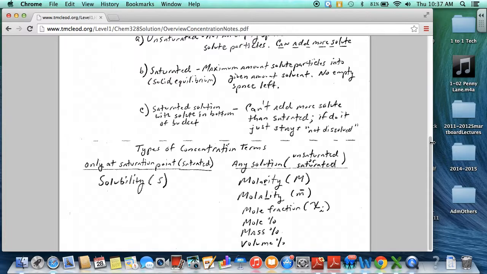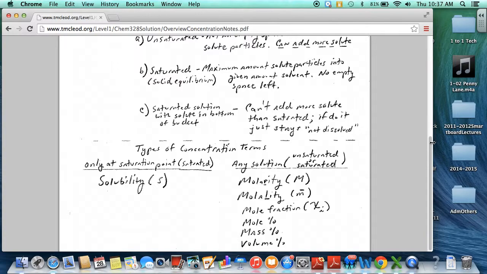Remember, there's nothing else besides saturated and unsaturated, as long as you just add solute into solvent. So only solubility is at the saturation point. For everything else, you can find the molarity or molality, let's say, of any solution.